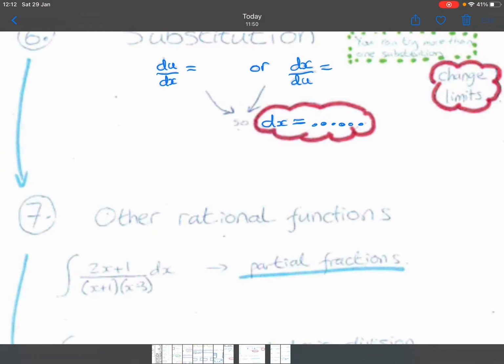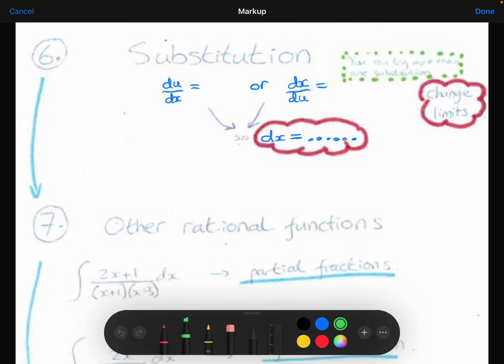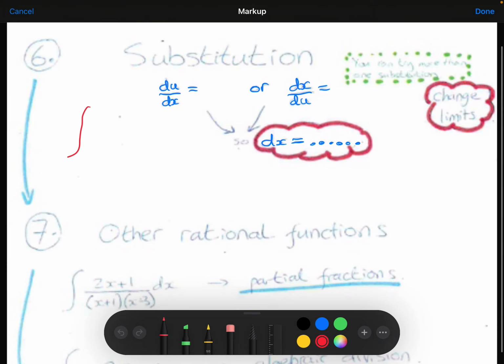Next, if all of those things that we've thought about so far haven't worked, then I would start to think about integration by substitution. The key thing to think about with integration by substitution is you are always differentiating first. It doesn't matter what I'm integrating, it is the dx that I need to replace first.